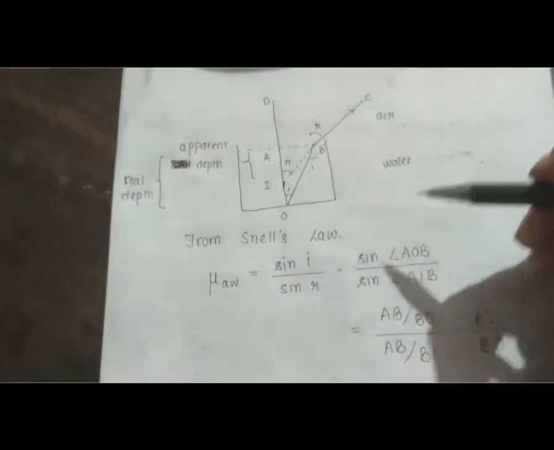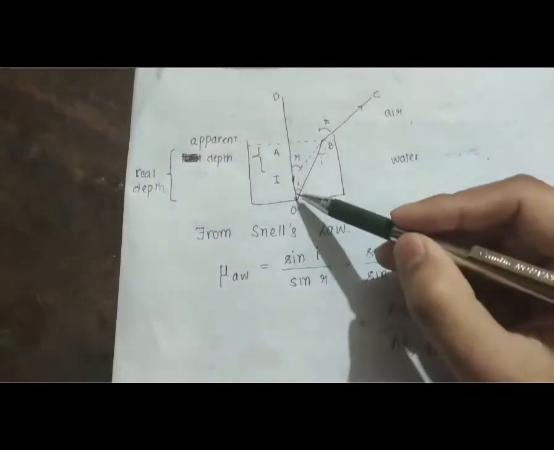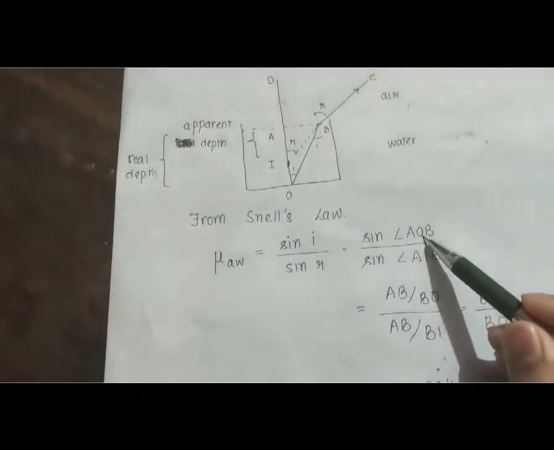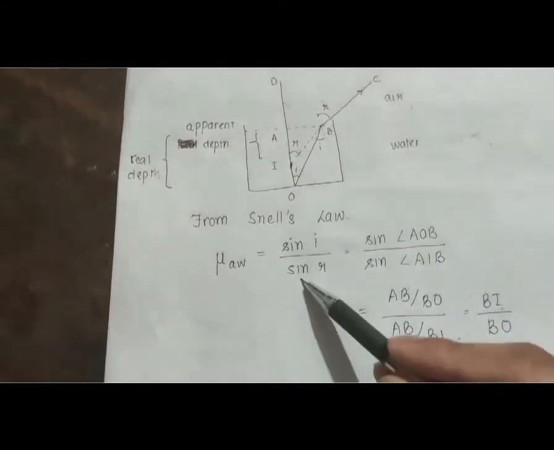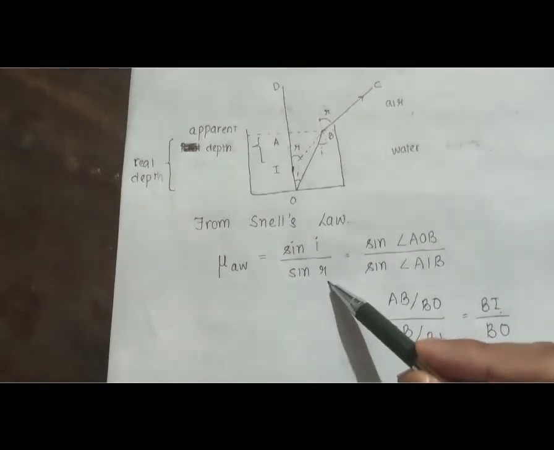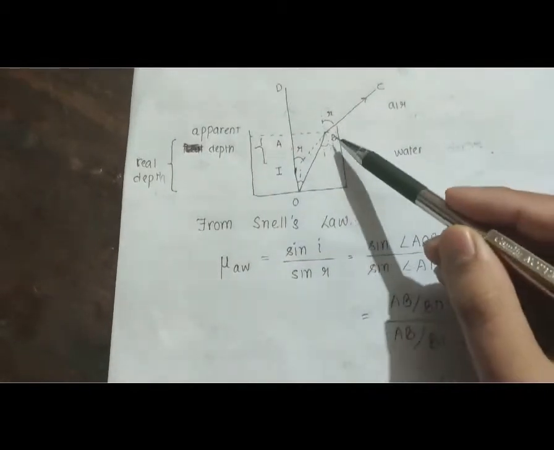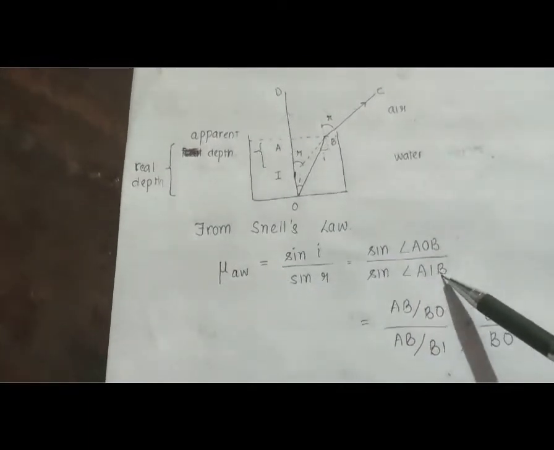Your sine of angle of incidence, it is AOB. So I've written sine of AOB. Now which is your sine of R? That is your angle of refraction, AIB. So I'll write down sine of AIB.